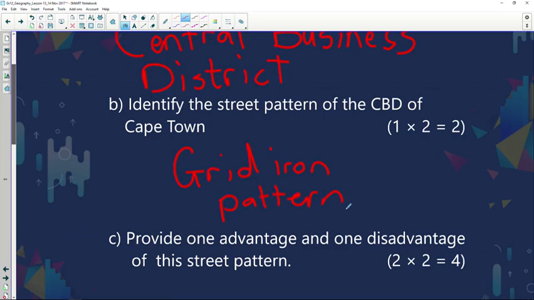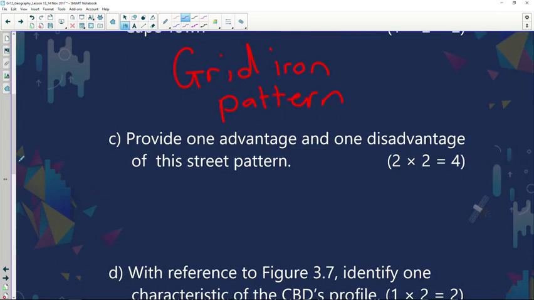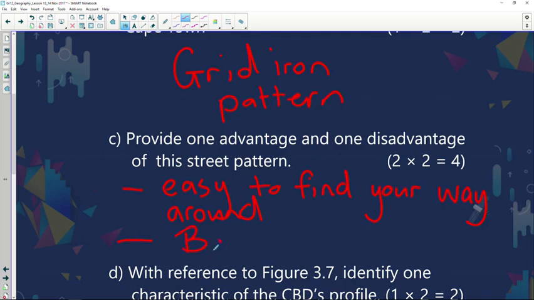Now provide one advantage and disadvantage of the street pattern. The advantage is it's easy to find your way around. So you won't get easily lost. And a disadvantage that we can mention is quite a boring street pattern.